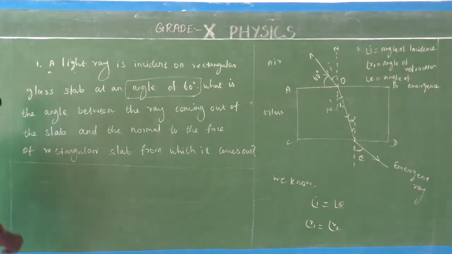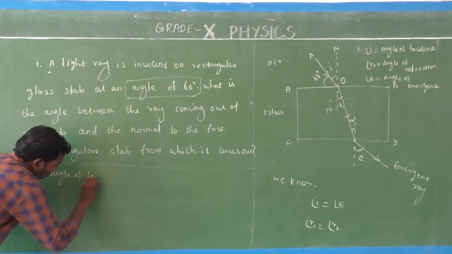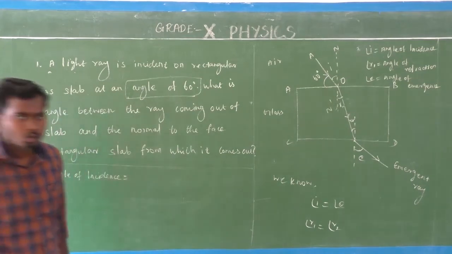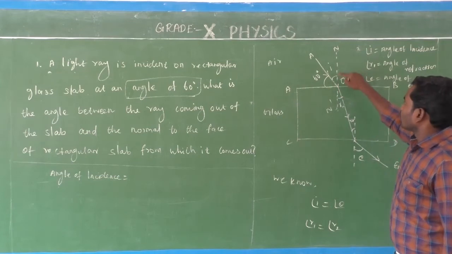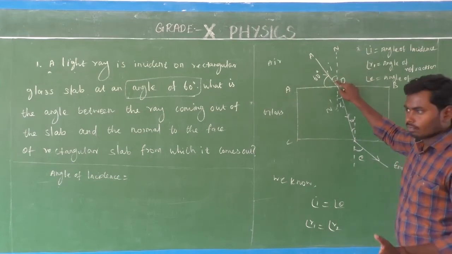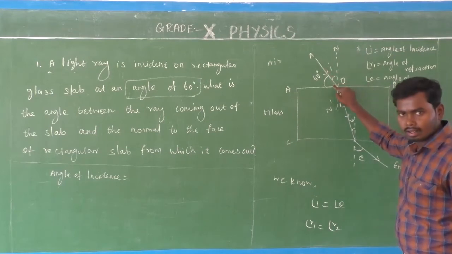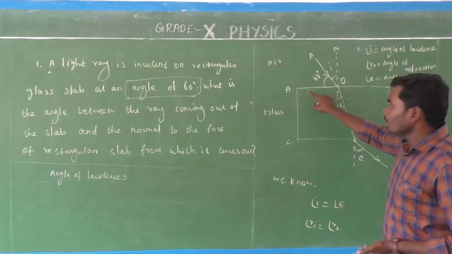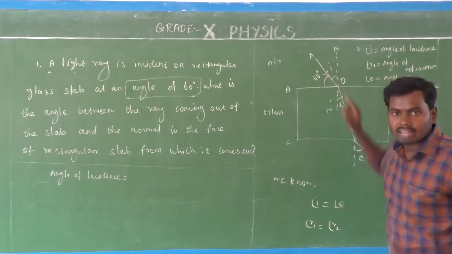Okay, listen here. So, angle of incidence. We need to calculate the angle between this normal and this incident ray. But instead of that, we know the angle between the surface of the glass slab and the incident ray, that is 60 degree.